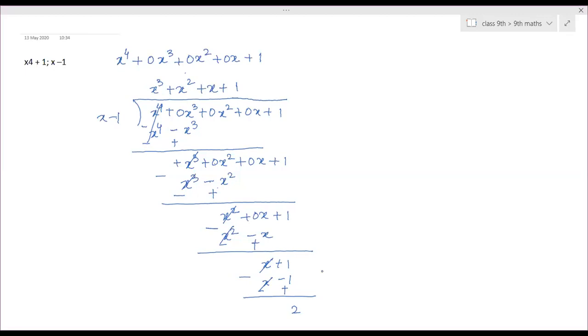Yes, always. In all long divisions, you have to take the powers in decreasing order and then you have to divide. It will make your division easier. Okay. Any other doubts?